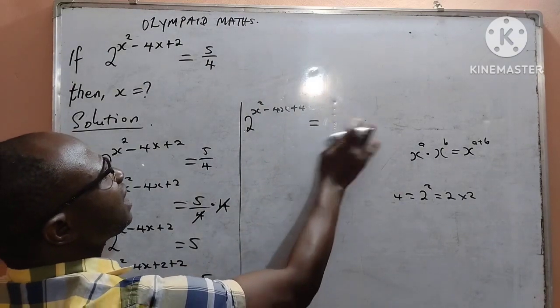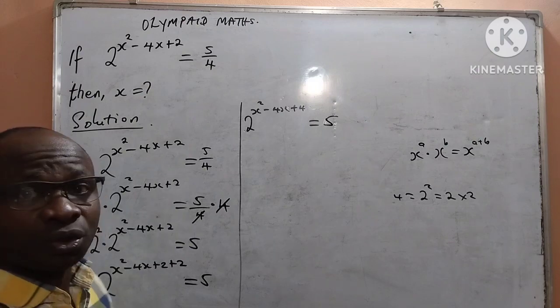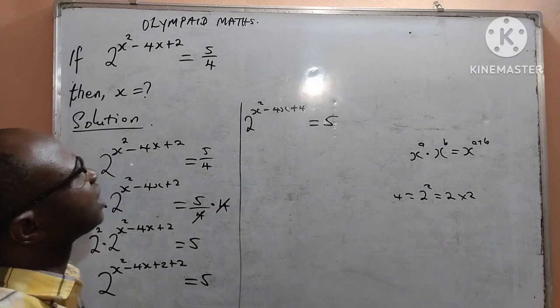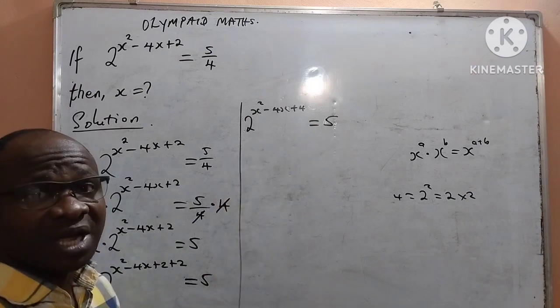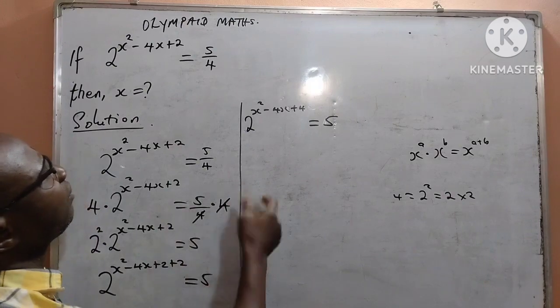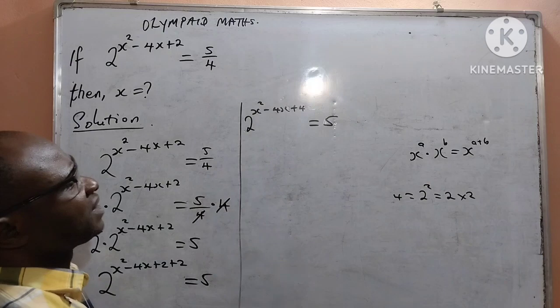Beautiful. Now, at this point, what I will do next is take logarithm to both sides. That logarithm is going to be in base 2. The reason is because I want to get the power only on the left hand side.